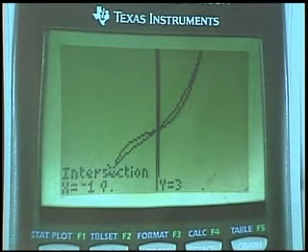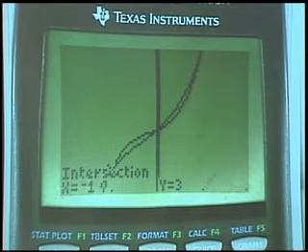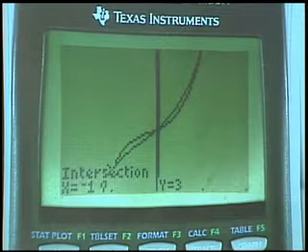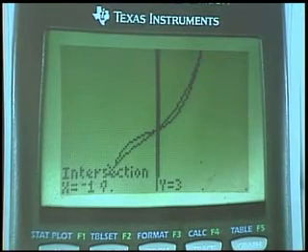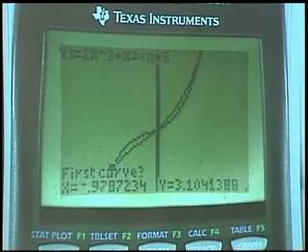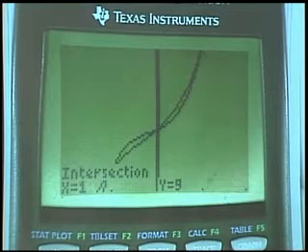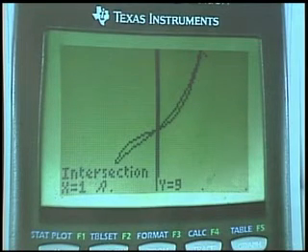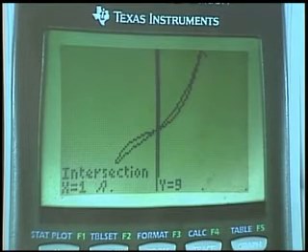The second one is at 0. It looks like it's 0 on the graph, but I know it's 0 because if I sub in 0 to both of these equations, I get 5 on both of them. So they do cross at 0. And then the third one, second calculate intersect, I'm going to guess it's at 1. Yeah, it is. All right, so my three intersection points are -1, 0, and 1.